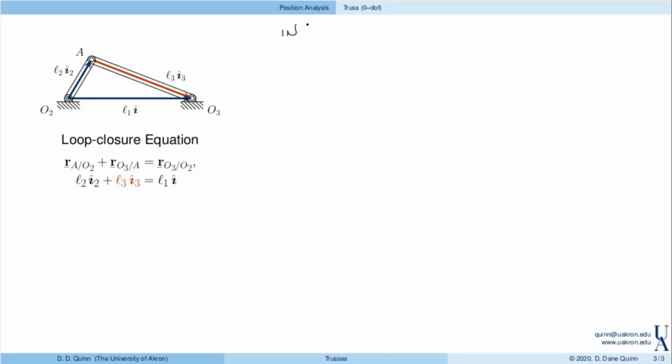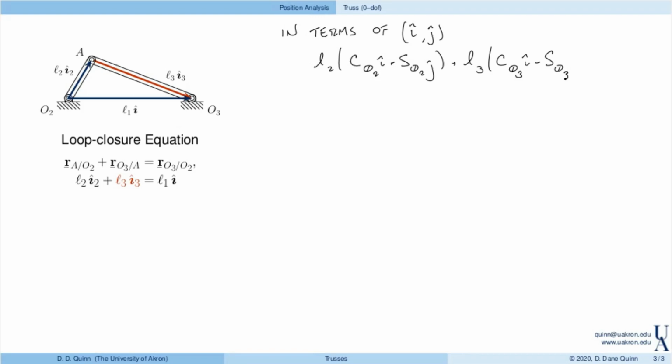Now the loop closure equation can be written in terms of I and J using those direction transformations that we defined. Remember, L2 times I2 was cosine theta 2 I plus sine theta 2 J, plus L3 times cosine theta 3 I, now minus sine of theta 3 J, that was the transformation we found on the previous slide, equals L1 I. So we want to take components.